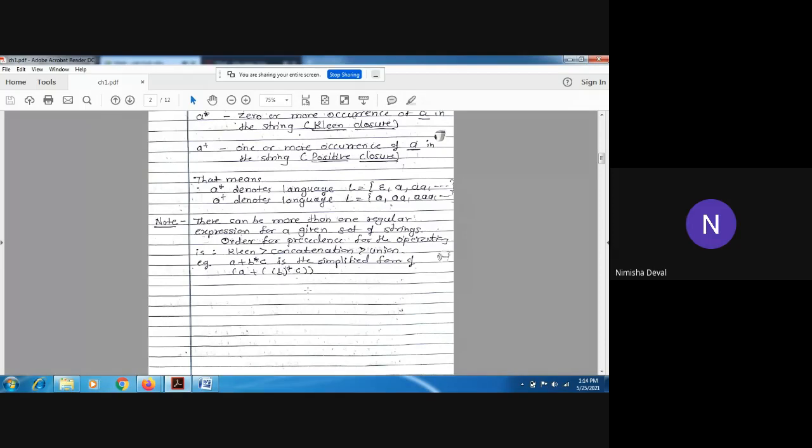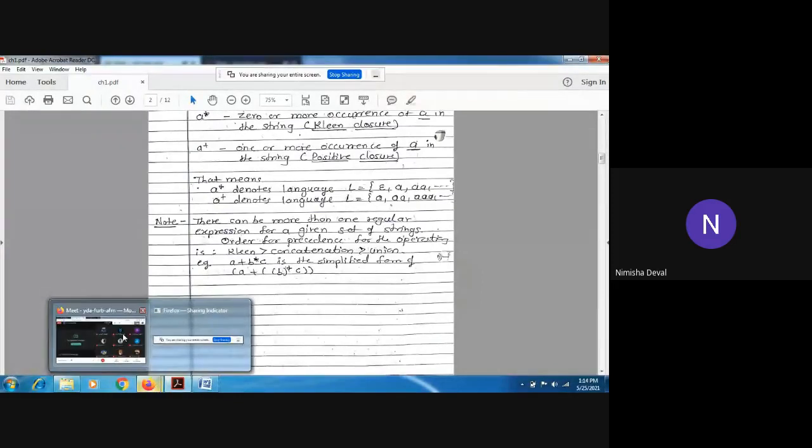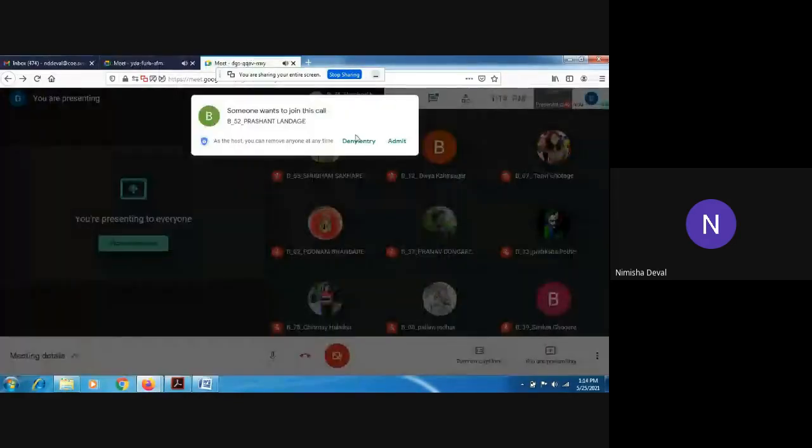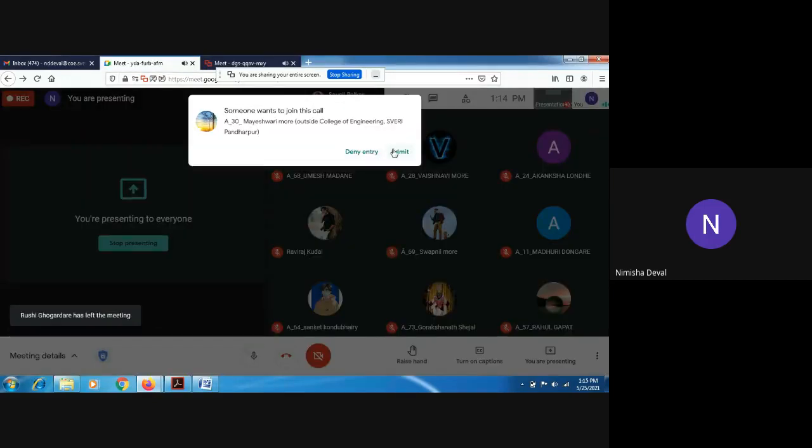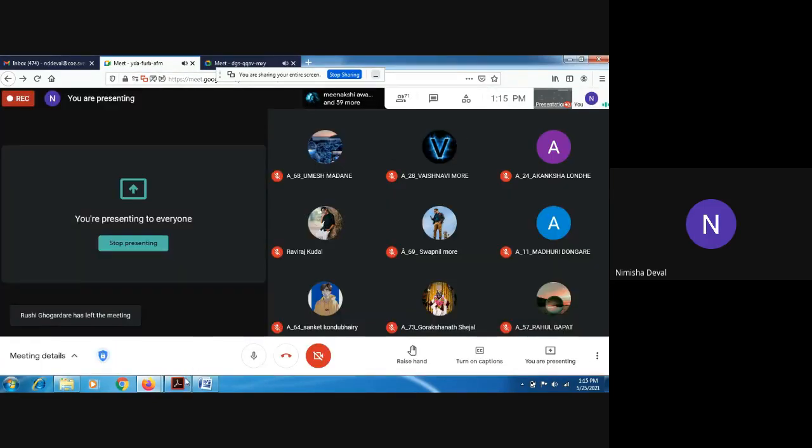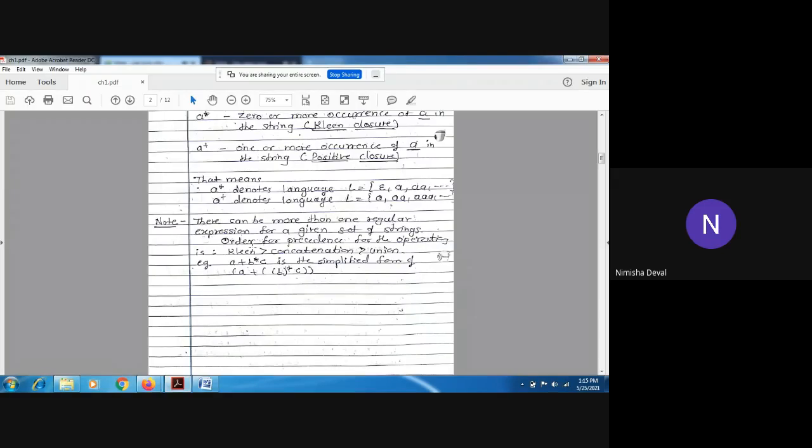Whenever they provide you the regular expression and ask you to write the regular language, in that case you have to follow the precedence, which operation has higher priority. Basically three operations are there: Kleene closure, concatenation and union, and sometimes positive closure as well. Kleene closure has more precedence, then concatenation, then union.